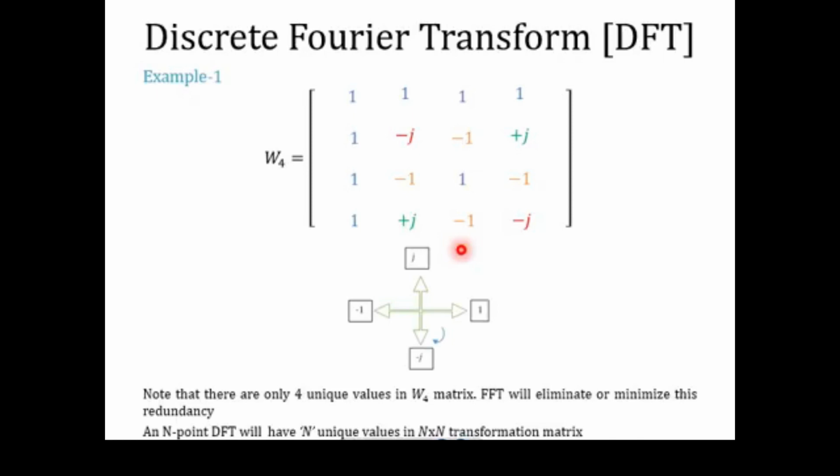All the remaining elements will be the redundant versions of those 16 unique values. And this is the reason why DFT is computationally slow. In the upcoming lectures we will discuss FFT, which will eliminate this redundancy in order to calculate the Fourier transform efficiently in real time.